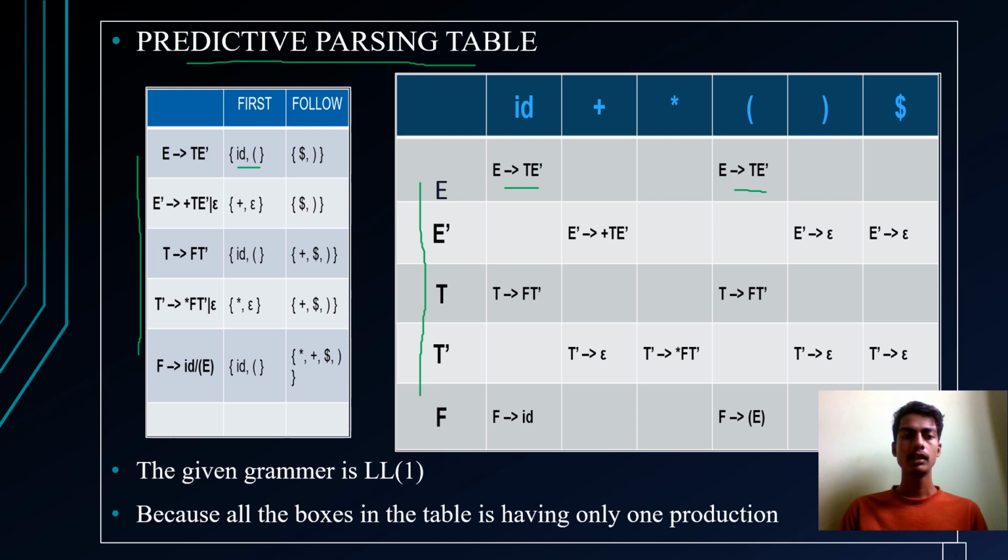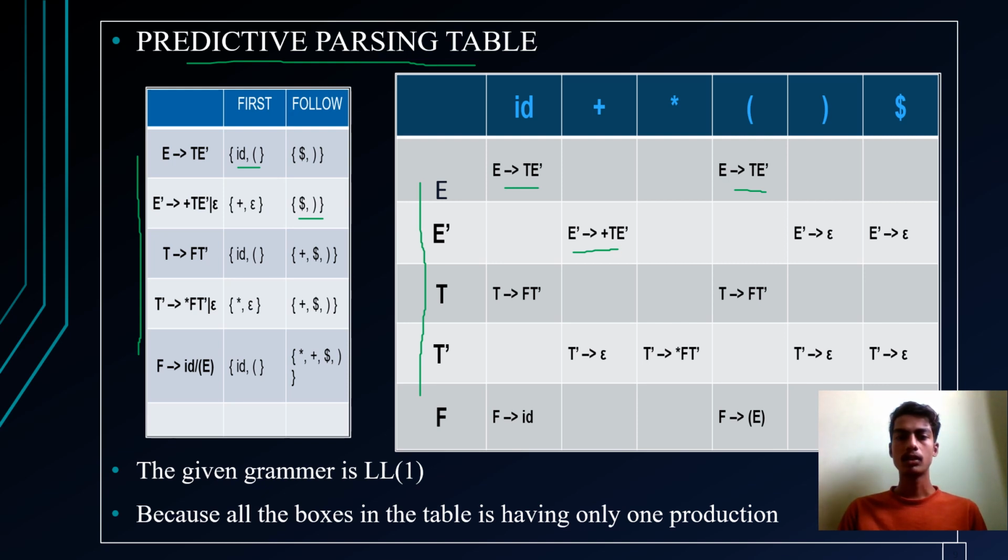Now let us consider first of E dash. First of E dash is plus and epsilon. In place of plus we write E dash tends to plus T E dash. Here in the predictive parsing table we don't have any epsilon, therefore let us consider follow of E dash. Follow of E dash is dollar and closing parenthesis.